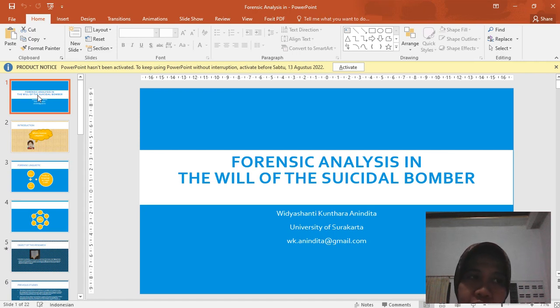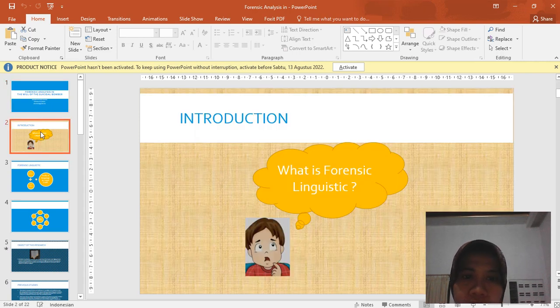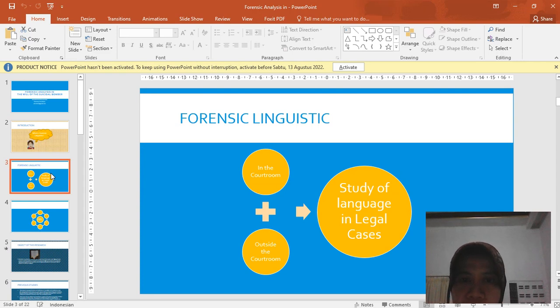Well, I'm going to begin with the first slide. What is forensic linguistics? Maybe this study is new for us, or maybe some of you have known the definition of this study. If I can give a definition the easy way, forensic linguistics is the study of language in legal cases, both in the courtroom or outside.